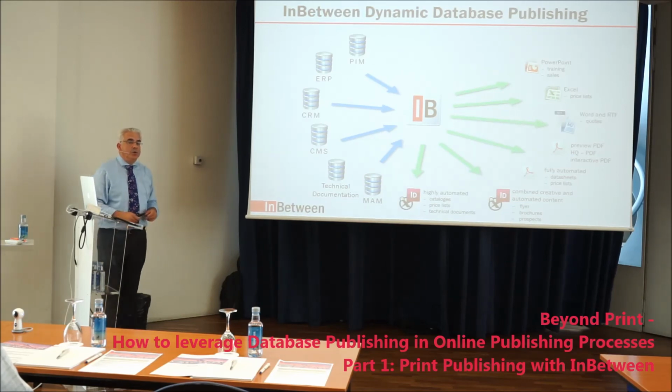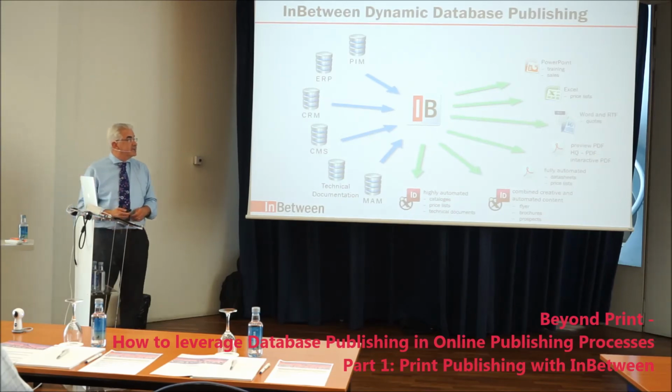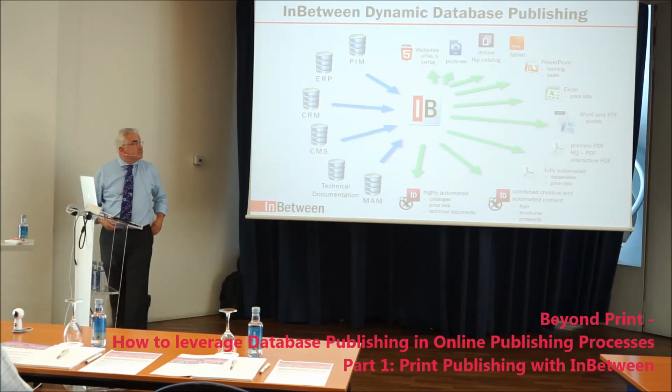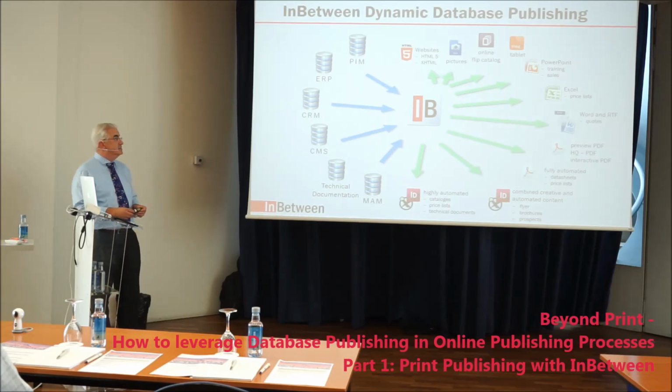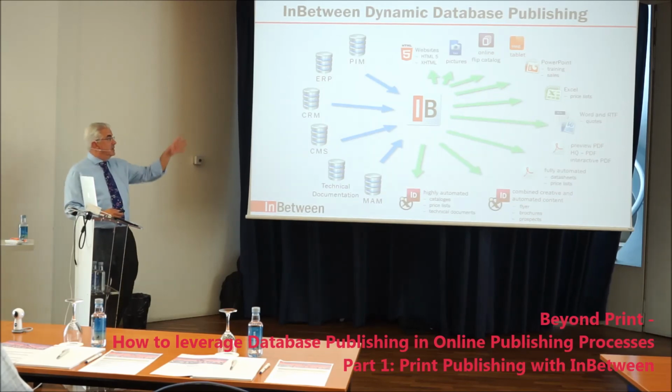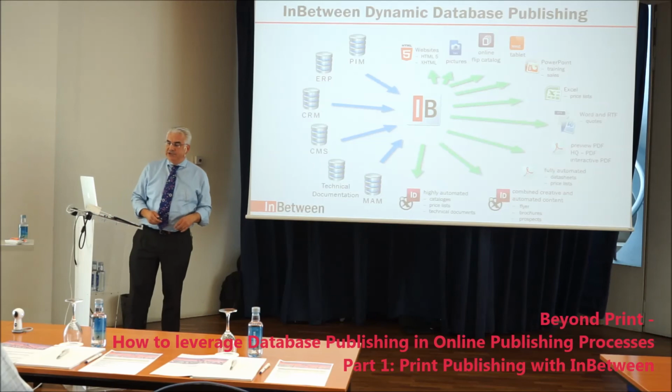We cover the whole Office range, so we can produce Word, Excel, PowerPoint, and we can produce publications that might be delivered by tablet, by online flip catalogs, or even in the form of HTML code.